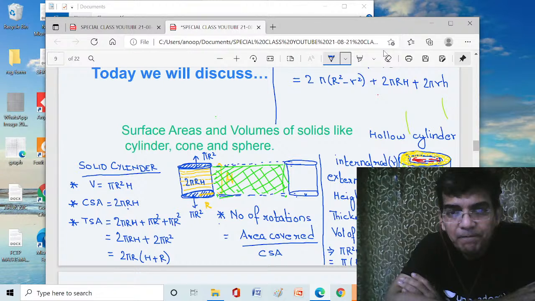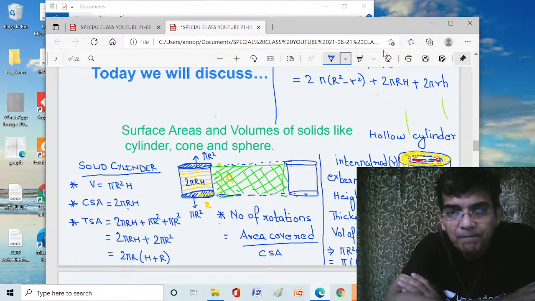This question says the area of the curved surface of a cylinder is 4400. This is the area of curved surface. Now remember what they mean by the curved surface.